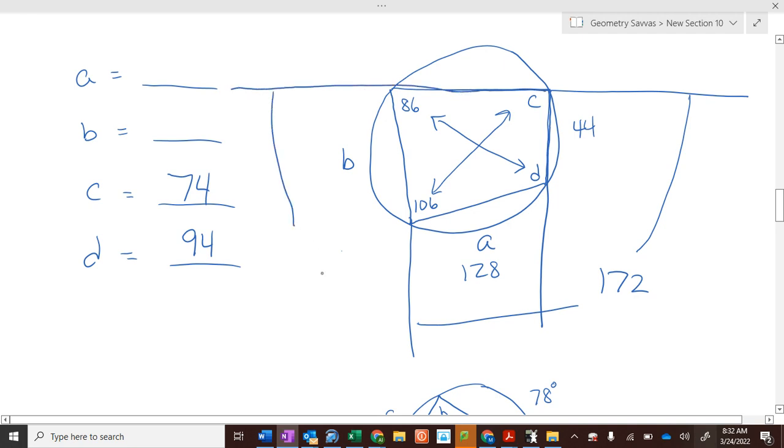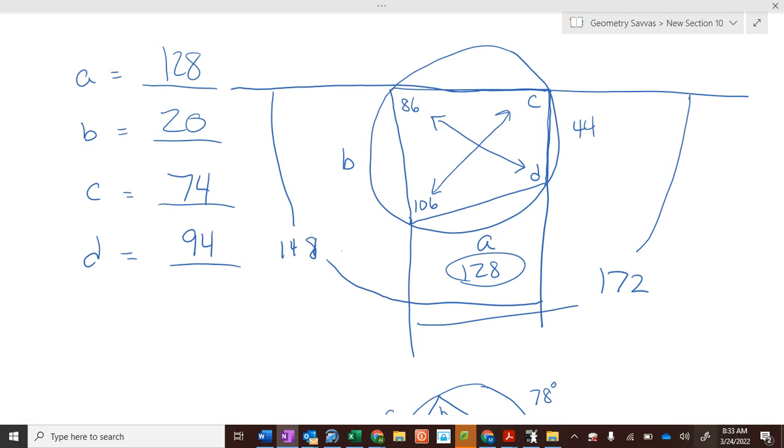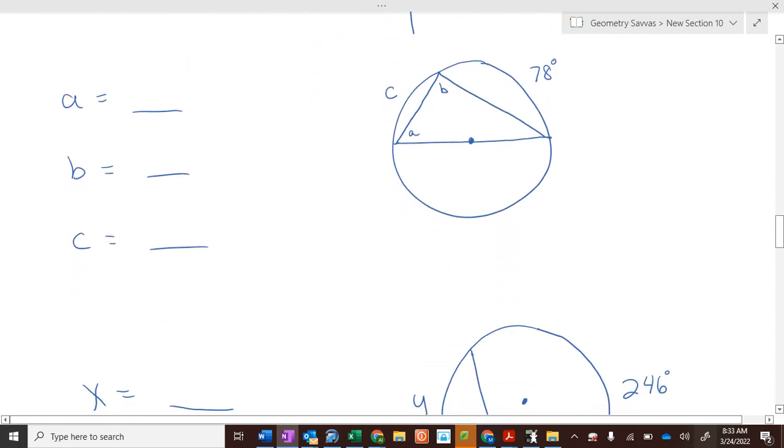What's 74 times 2? 148. So if C is 148 and this is 128, what's left for B? 20. Okay? So, those are becoming easier, right? As we do more of them. Okay, you'll have one of those on your test, so make sure you know what you're doing.